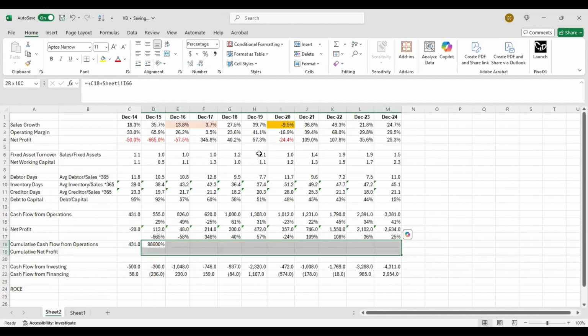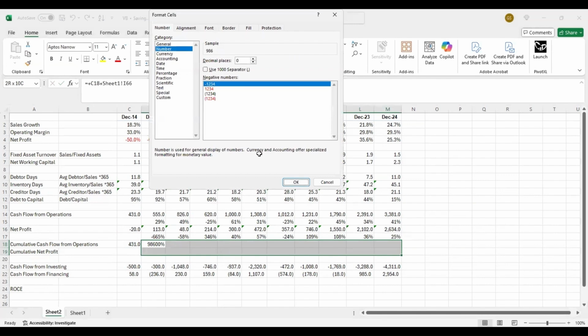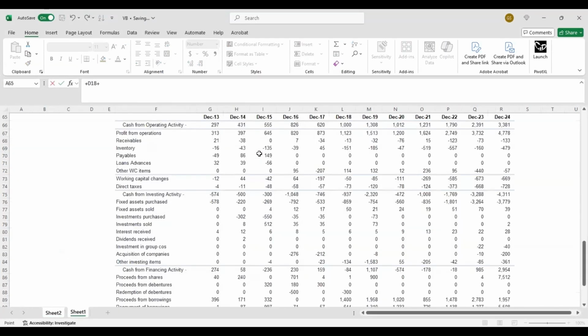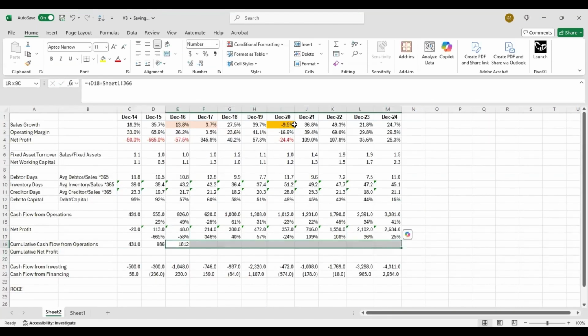It's in the percentage format, so I better bring it in the number format. And then I add the cash flow from operations from 2016. I carry this formula throughout 2024. Okay, so this clearly shows a decent growth rate.